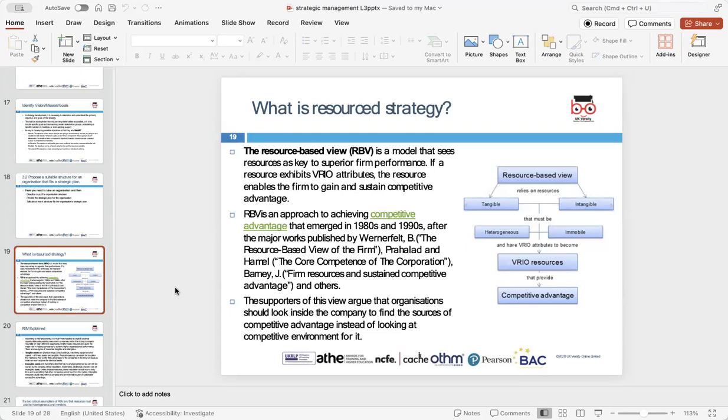Resources can be classified as either tangible or intangible. Tangible resources include physical assets like land, buildings, machinery, and capital.